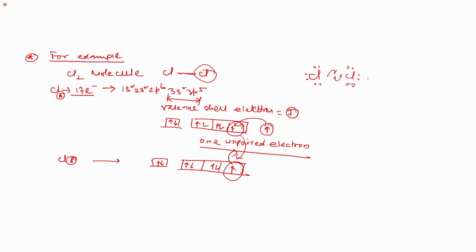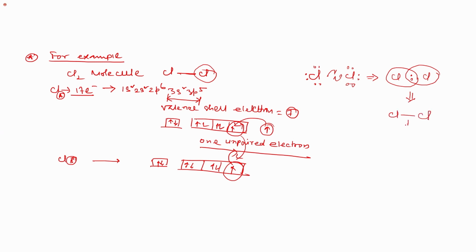So what is happening here? This Cl is sharing this bonding electron, and this Cl is also sharing this bonding electron. By sharing these bonding electrons, they form a covalent bond.